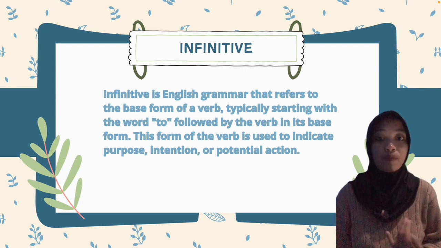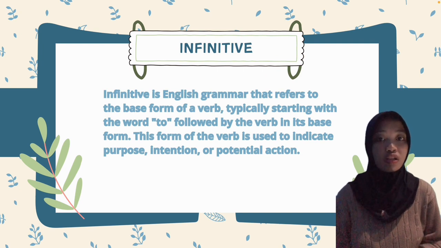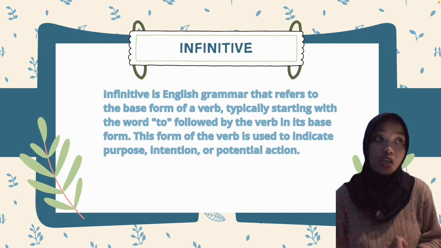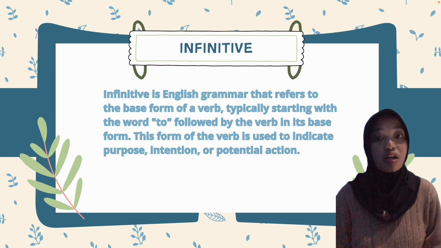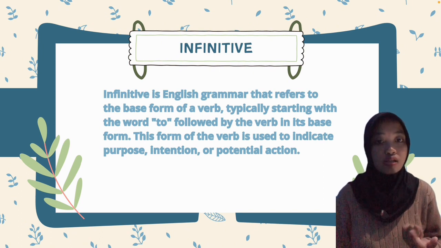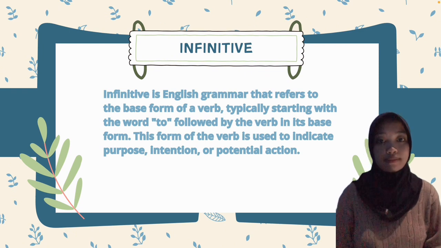This form of the verb is used to indicate purpose, intention, or potential action. And infinitive can function as subjects, objects, or complements in a sentence. And they are often used with auxiliary verbs like do, does, or did to form various verb tenses.